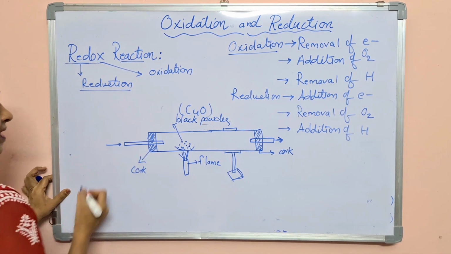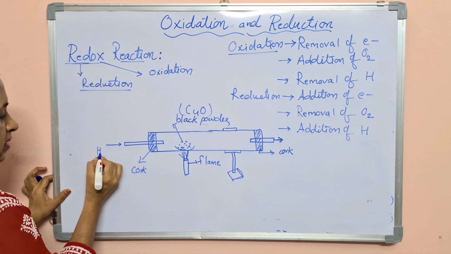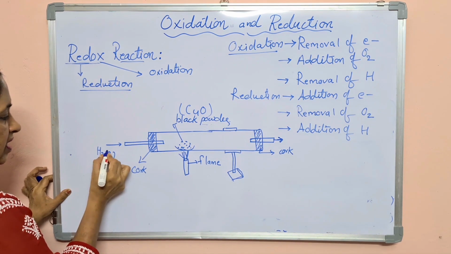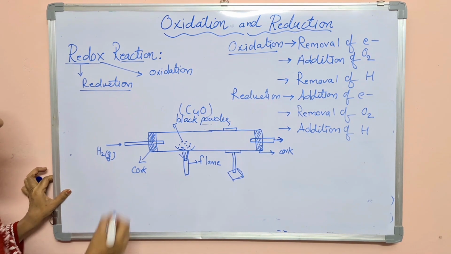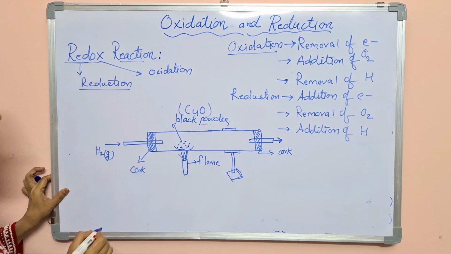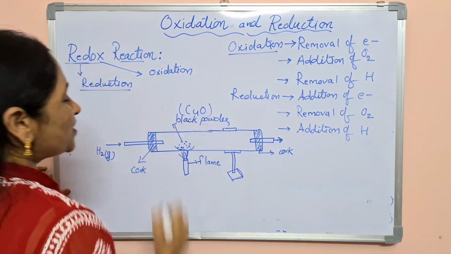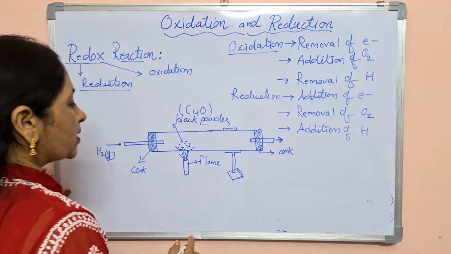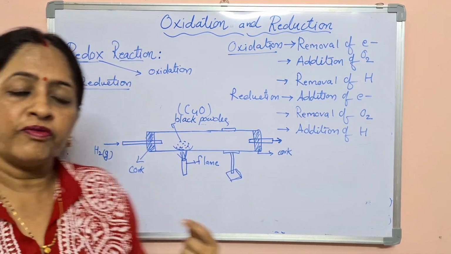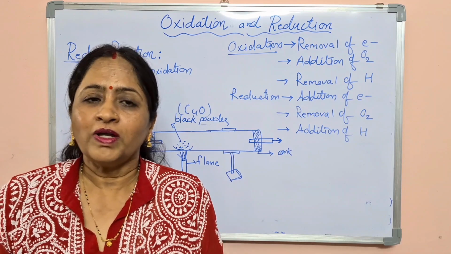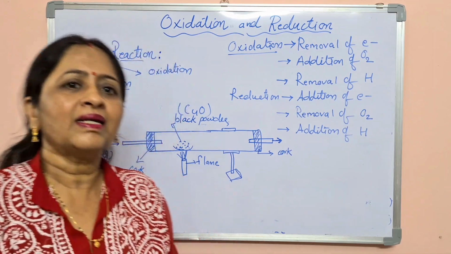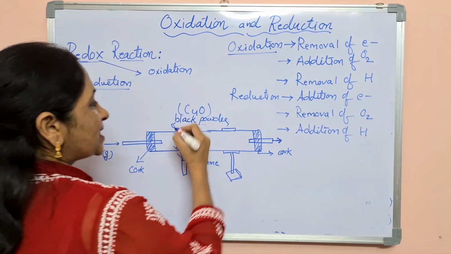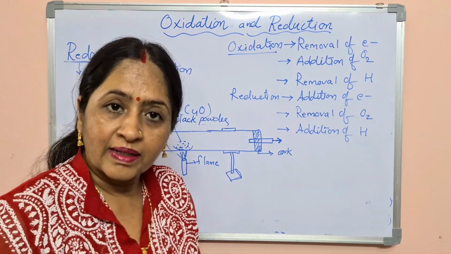Now, instead of air, you pass hydrogen gas through this tube. As soon as we pass the hydrogen gas over the black color copper oxide powder, after 10 to 15 minutes, you will observe that this black color copper oxide is converted into red color.